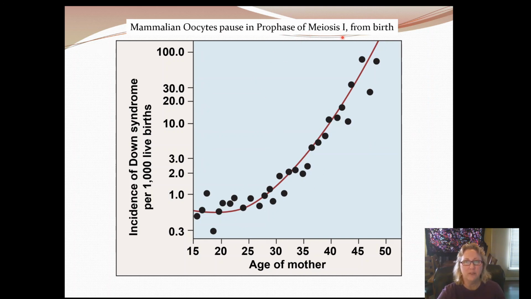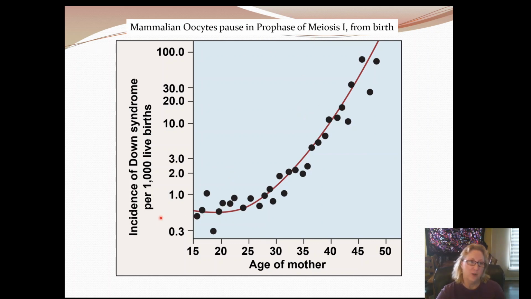So they don't complete the first meiotic division until that oocyte is starting to be matured and getting ready for ovulation. So the month it's going to be ovulated, that's when it completes the first meiotic division, and it doesn't complete the second meiotic division until after fertilization.